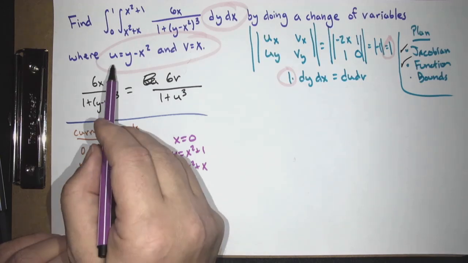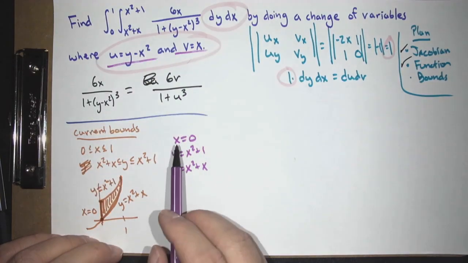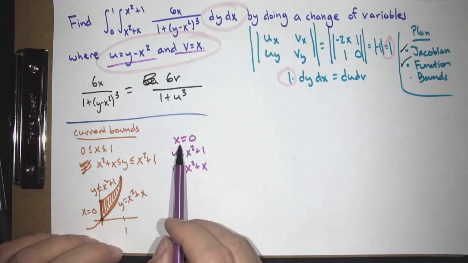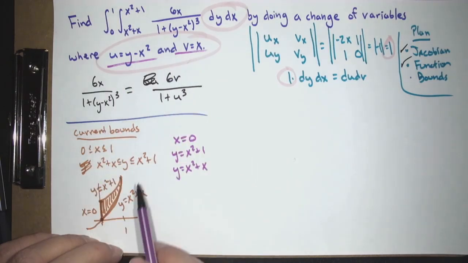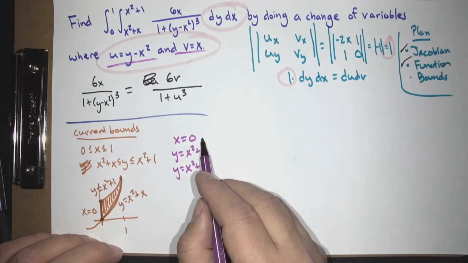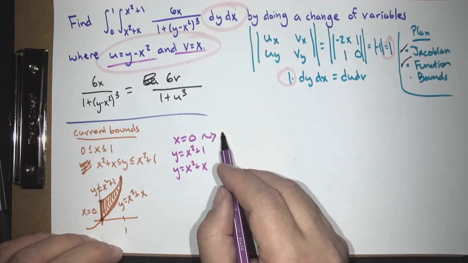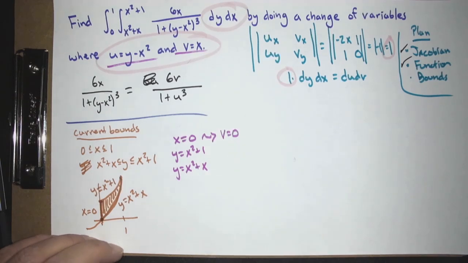Remember, we have u and v. X equals 0. Can we write x in terms of u and v? Okay, what does it become? V equals 0.